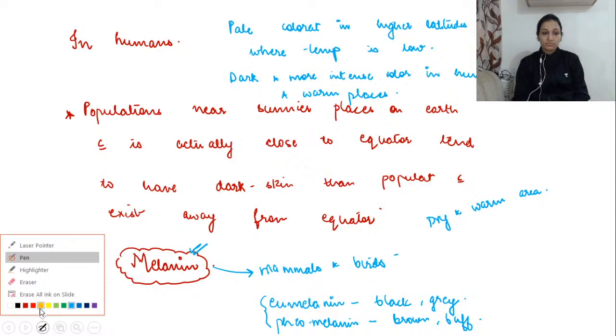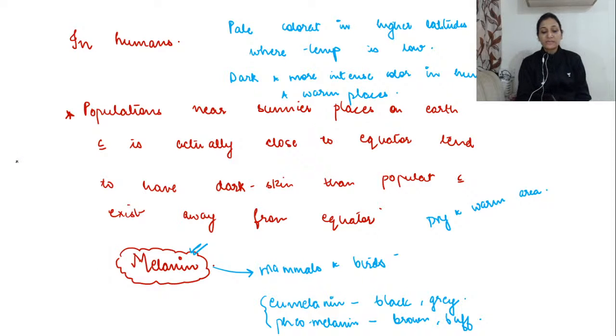So one more thing is there. I will take another color. That is pale reddish coloration. So this is the pale deposition, this is dark and more intense, and this is the pale.